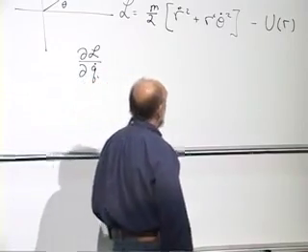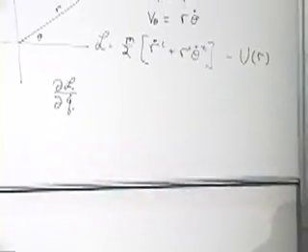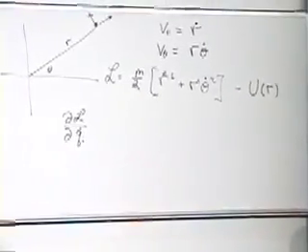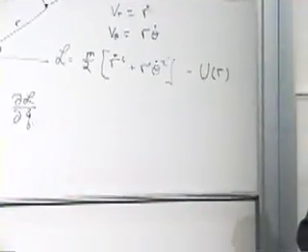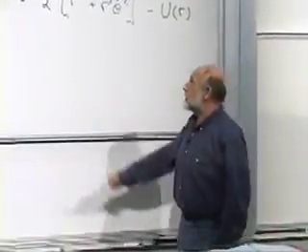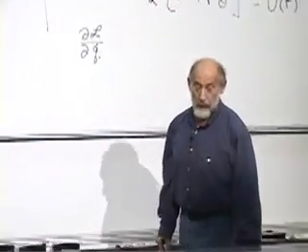I'm specializing to the special case where U only depends on r. As I said, there's nothing holy about that. But for example, it is true of gravitational forces, the force of the sun on the earth. The potential energy is only dependent on the distance from the sun.